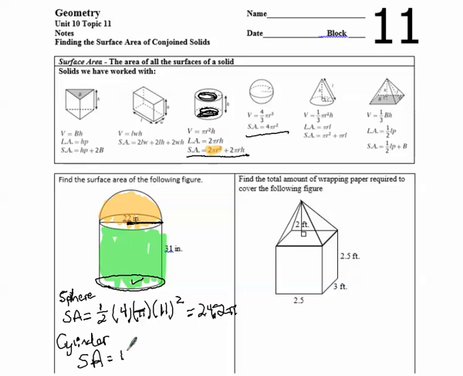So I just want one of those pi r squareds. So 1 pi r squared for the bottom plus 2 pi r h. So r is 11, plus 2 pi times 11 again, times h, the height of the cylinder, 31.